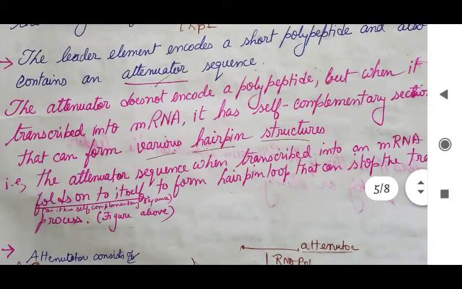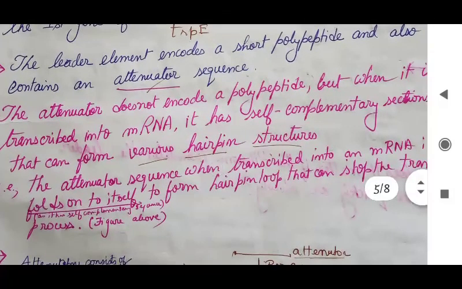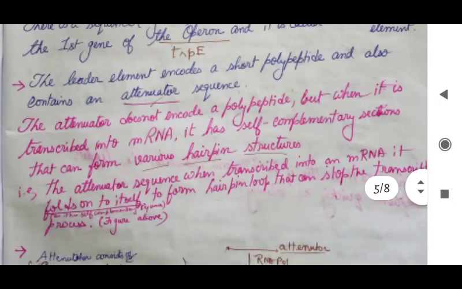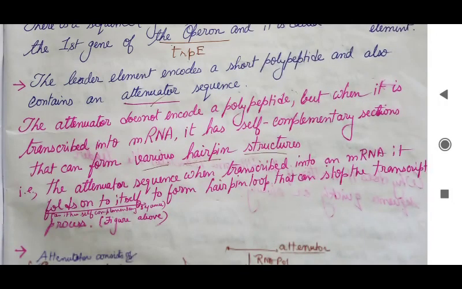They have self-complementary sequences, that's why they are able to fold on themselves. So the attenuator does not encode any polypeptide, but when transcribed into mRNA, it has self-complementary sections that can form various hairpin structures.